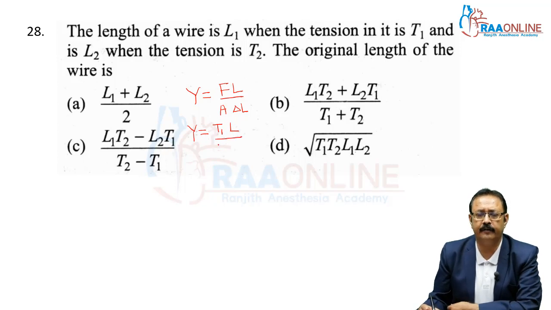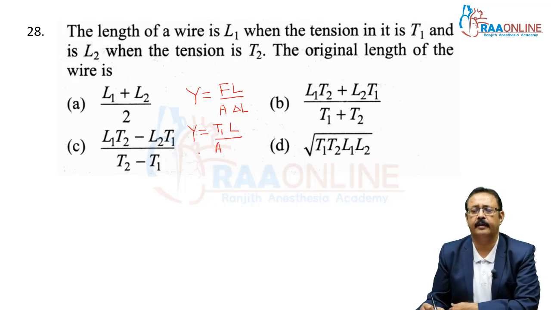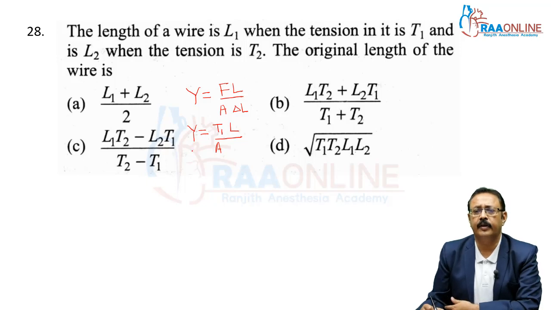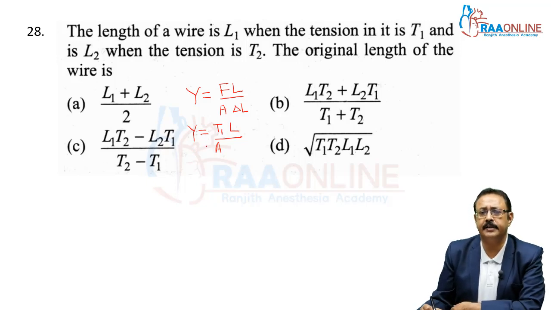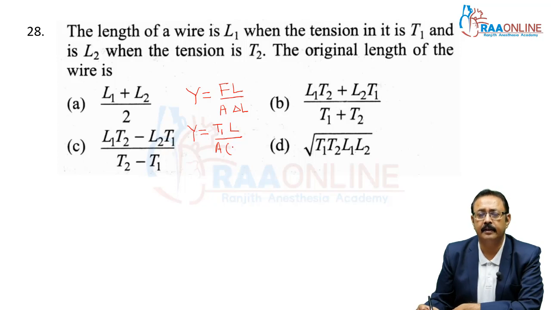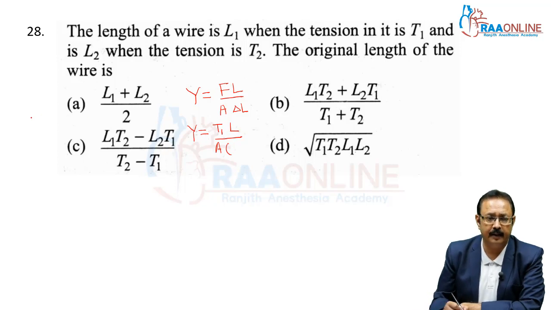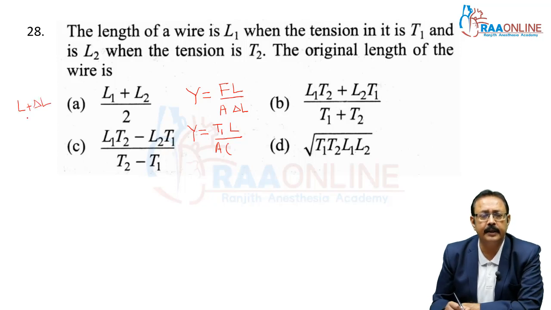Area of cross section was A. What they are saying: when tension is T1, the length of wire was L1. What is delta L? Delta L is the change in length from the original length.